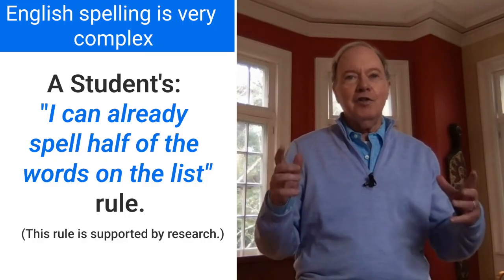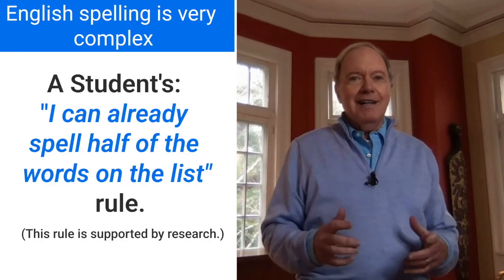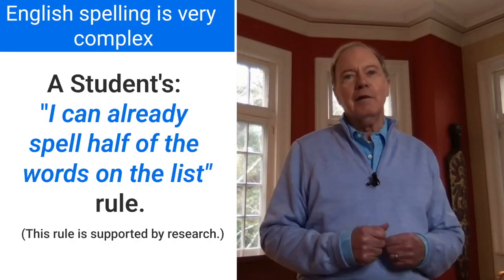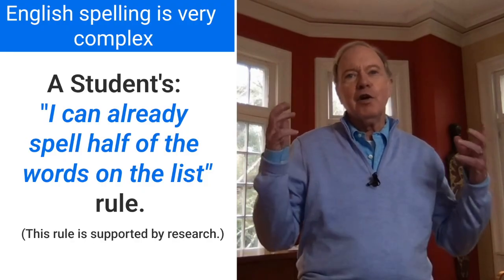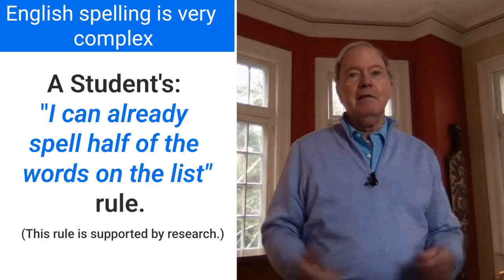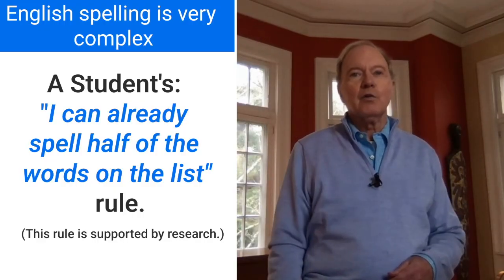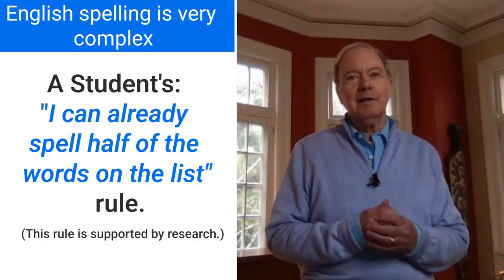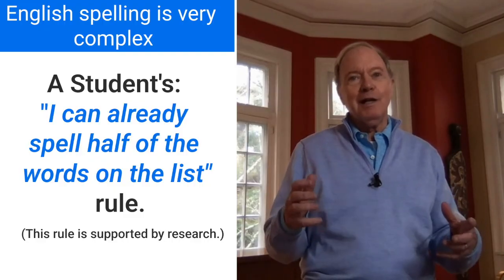It places the student in a proper mindset for learning, feeling confident, and building on what they already know. The learner will associate words which they misspell on the pretest with words they already know that have the same pattern or spelling principle. As you can see, English spelling is very complex with many specific rules and patterns to be studied and mastered.